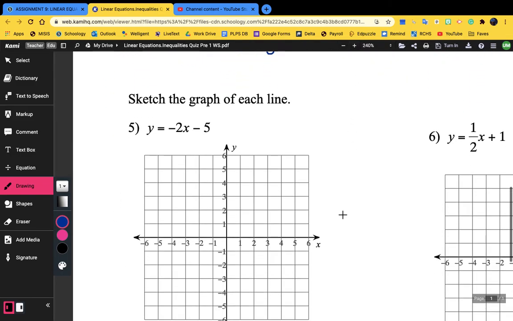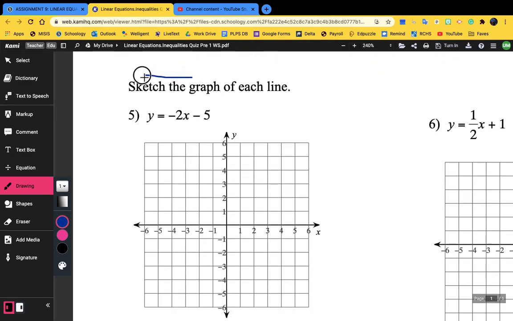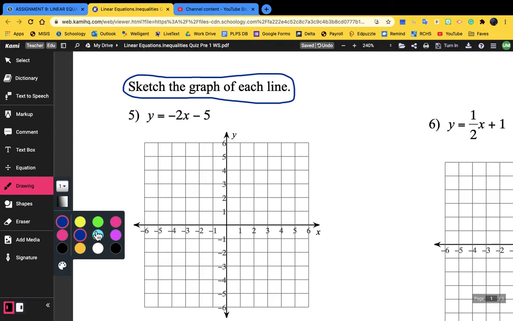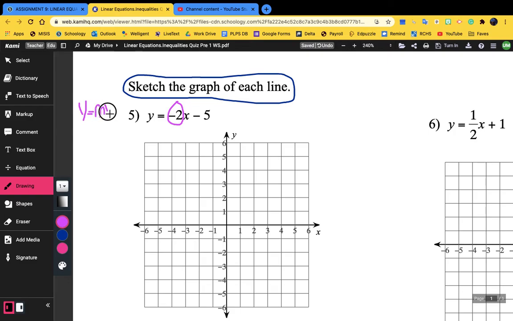Okay, so number 5 says sketch the graph of each line. So let's sketch. We're going to identify our m first, right? Because our equation is y equals m x plus b, and we remember that our important parts are m and b.